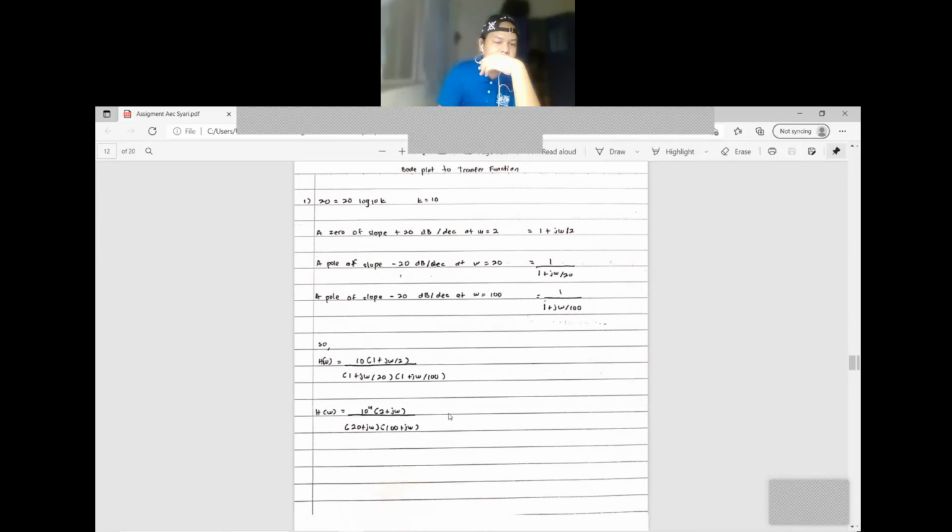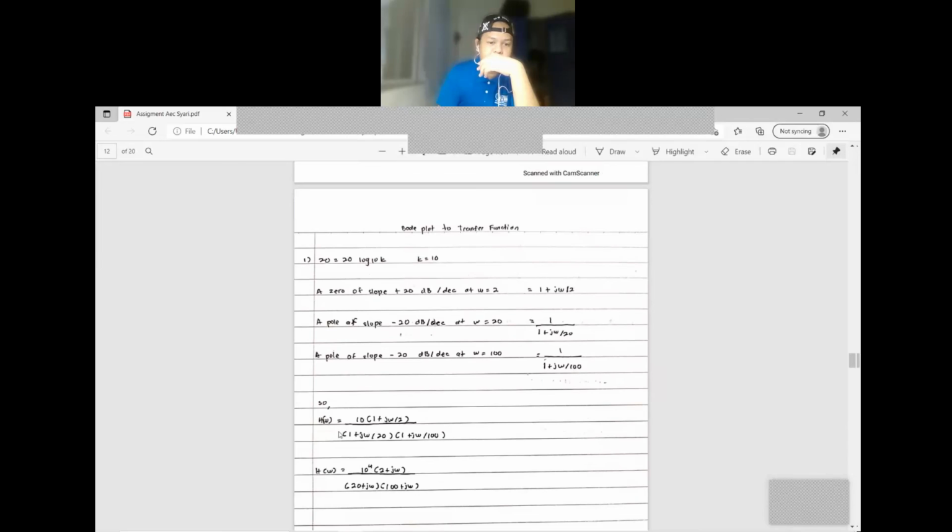So we rewrite the transfer function in the standard form.